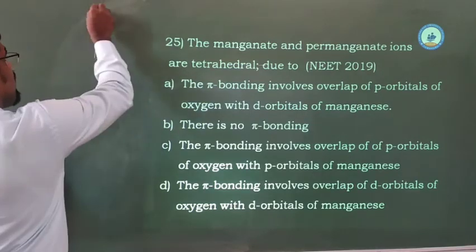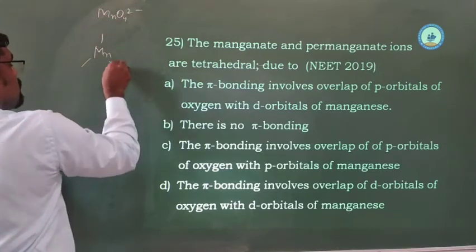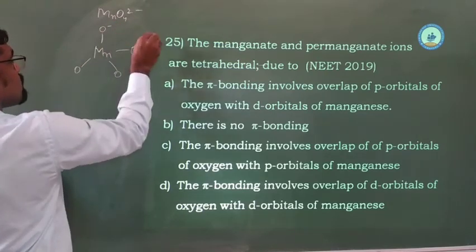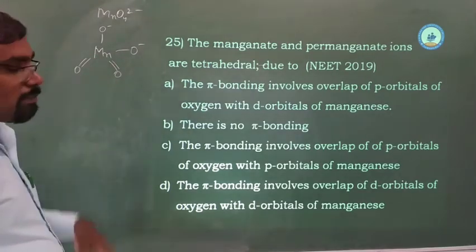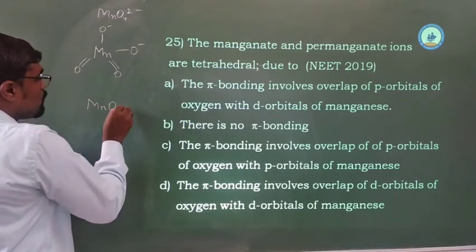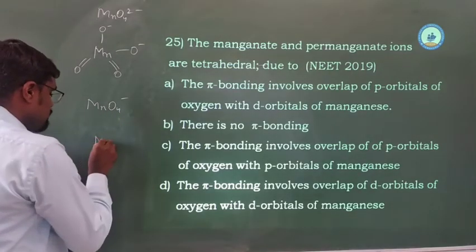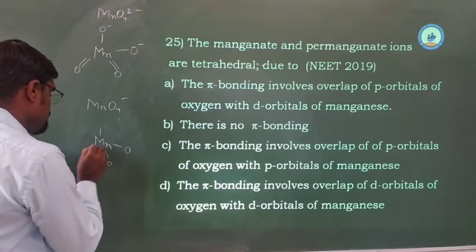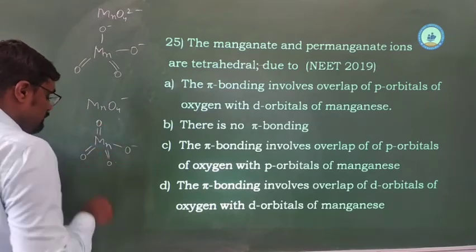The manganate is MnO4 2 minus, so you write 4 oxygen attached to manganese with 2 minus. 2 oxygen atoms carry the charge, and the other 2 are balanced by pi bonds. And then permanganate MnO4 minus, from KMnO4 easily you can write it: 4 oxygen first, 1 oxygen carries the minus charge, and the others are written with pi bonds.